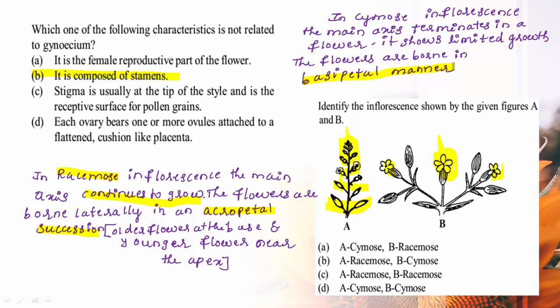That means the older flower is at the tip or apex and younger flowers near the base. This is basipetal arrangement, where the main axis is terminated in a flower, and this represents cymose inflorescence. So the correct option here: A represents racemose inflorescence and B represents cymose inflorescence. These are the two types of inflorescence given in the diagram.